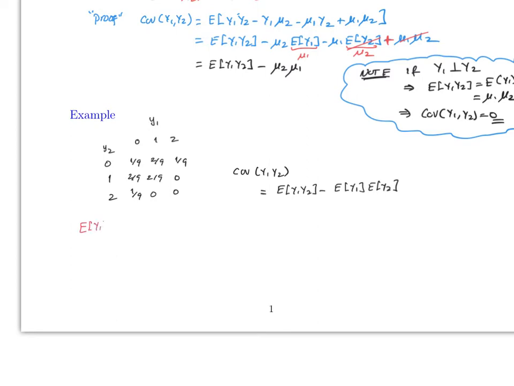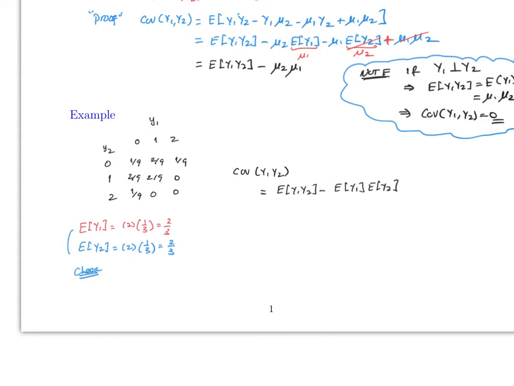And the expected value of y1, remember, was equal to n times p, which will be 2 times 1/3, which is 2/3. And the same thing was the case for y2, which was also binomial, where n equals 2 and p equals 1/3, and it was also 2/3. We did this before, so you should check on this.